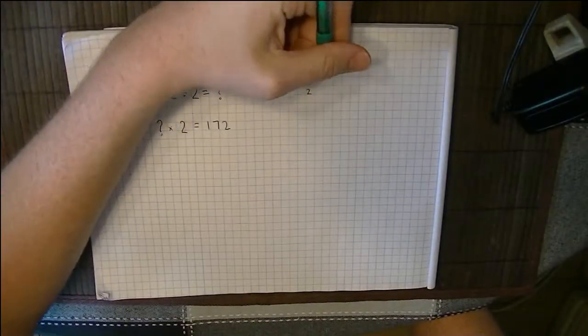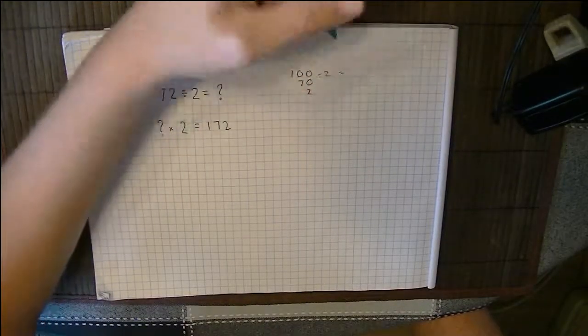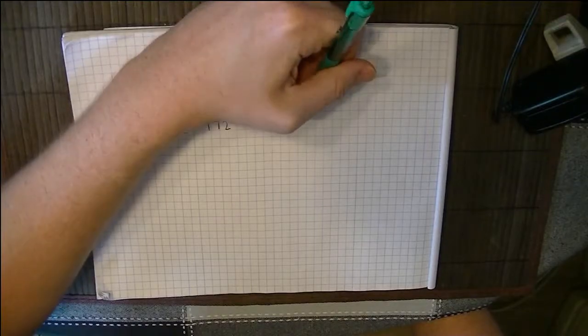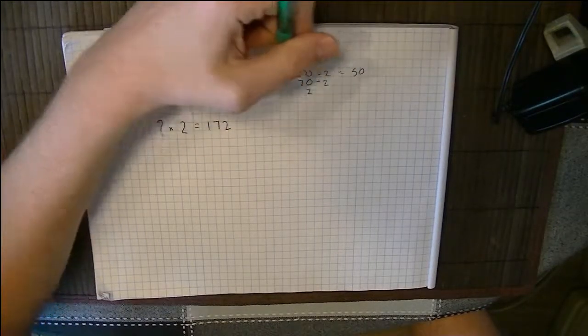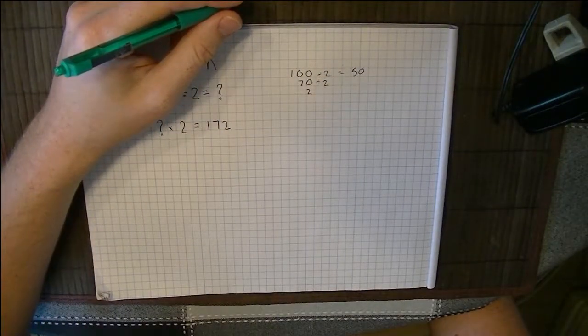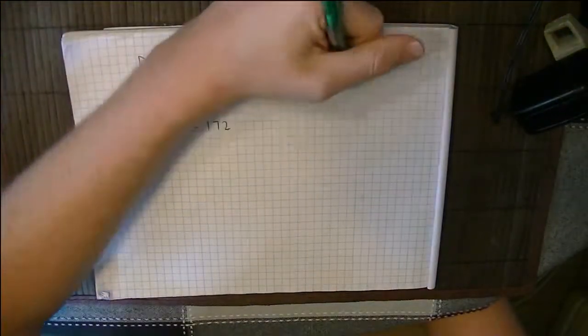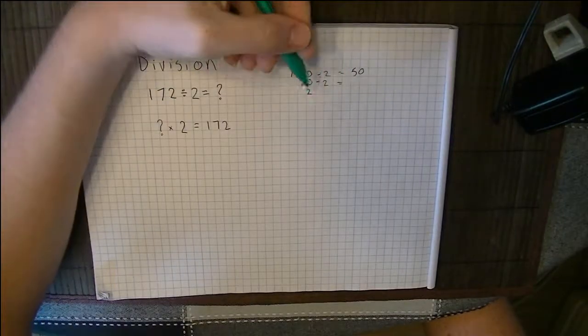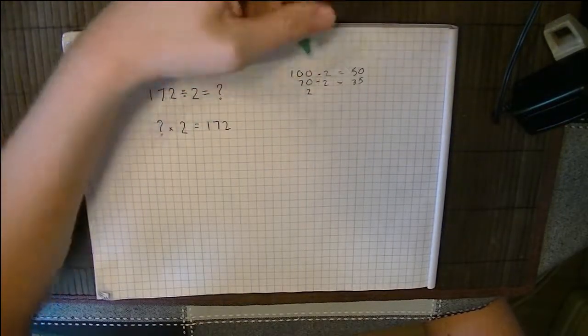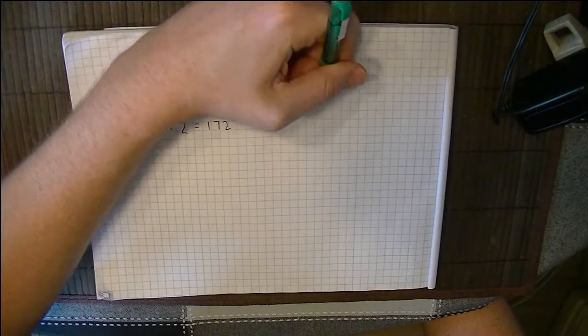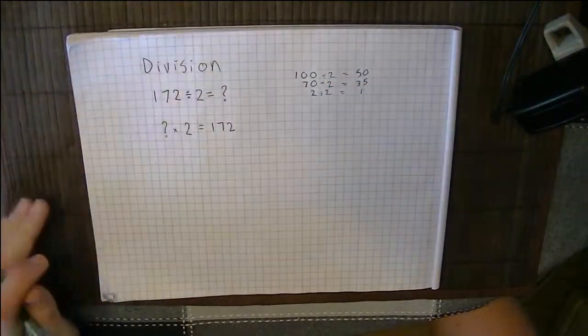So 100 divided by 2, that's 50. And 70 divided by 2, well, half of 7 is 3.5, so half of 70 is 35, right? And then 2 divided by 2 is 1. Hopefully that's not a surprise for anyone.